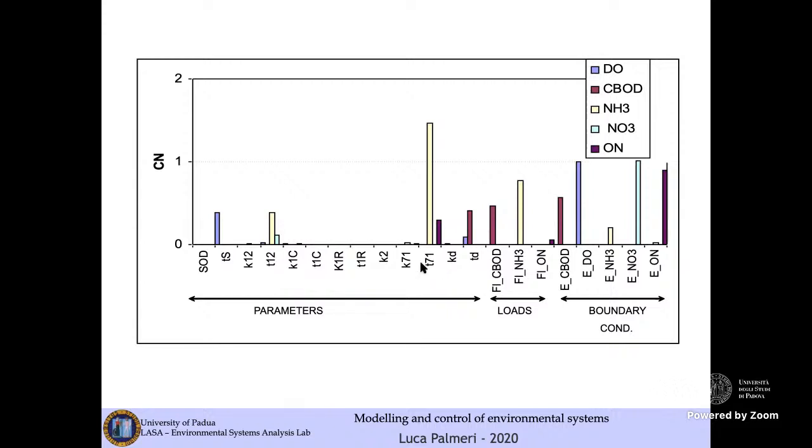That is the parameter linked to the Arrhenius constant of the mineralization process for ammonia. And of course, it is evident that the state variable ammonia is very sensitive to the Arrhenius parameter of mineralization of nitrogen.